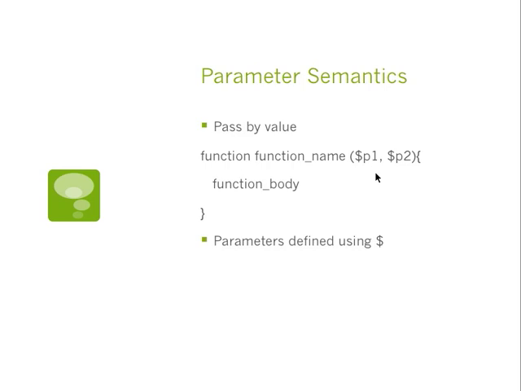The scope of these parameters is just within the function, and what that means is that if I make a modification to one of these parameters within the function body, that change will not be propagated back up to the actual parameter. And so any change that you might make would be lost. Typically when you're using pass by value, you're getting the value for P1 and P2, using that to compute some function, and then returning the value to the caller.